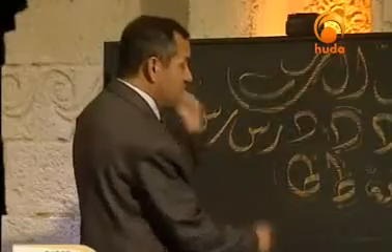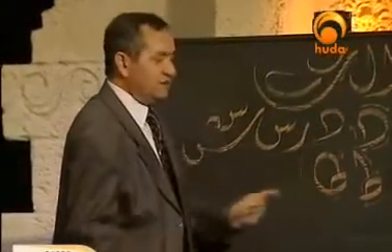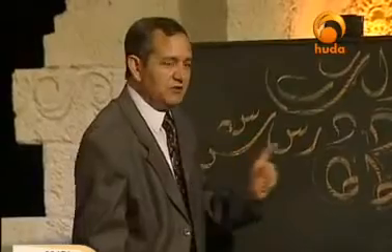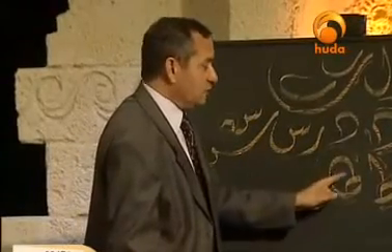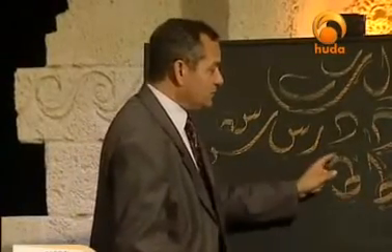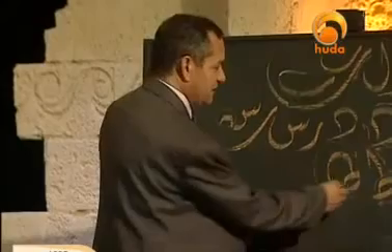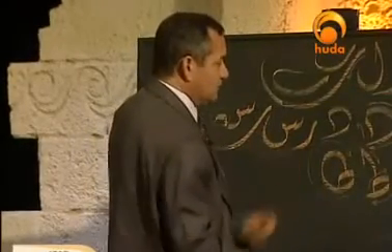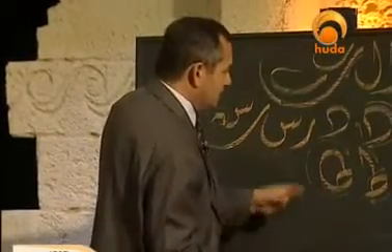Sometimes we are using this separate ta, and sometimes we are using this one. In the end of the word, we can use this ta. We can use this also, but it looks more attractive. It has a nice curve here with the joining of the letter.